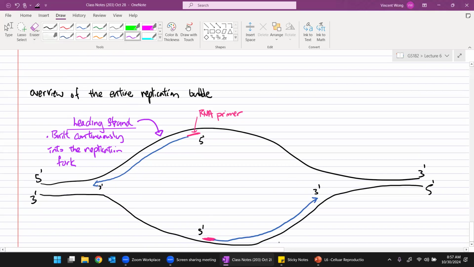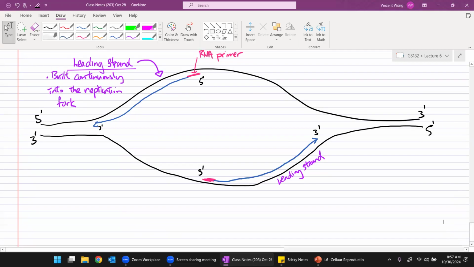So this is going to be the leading strand on the right side. Now, as you open up more of the fork, you're going to need more primers, and then you will have to build more and more.